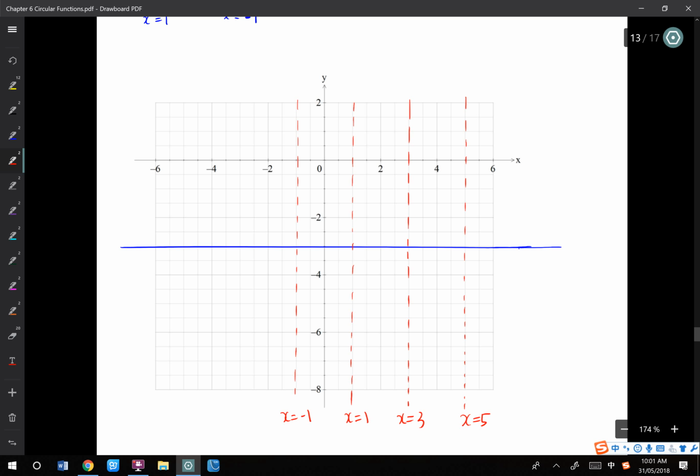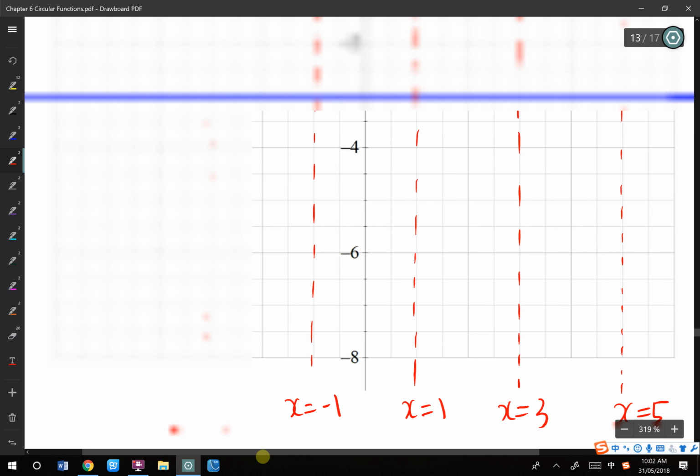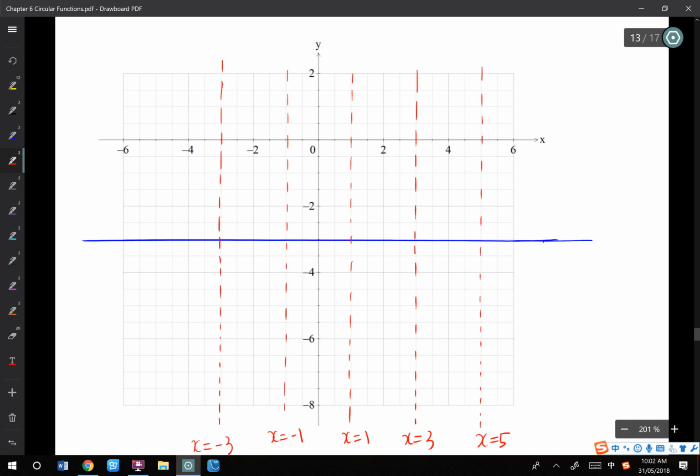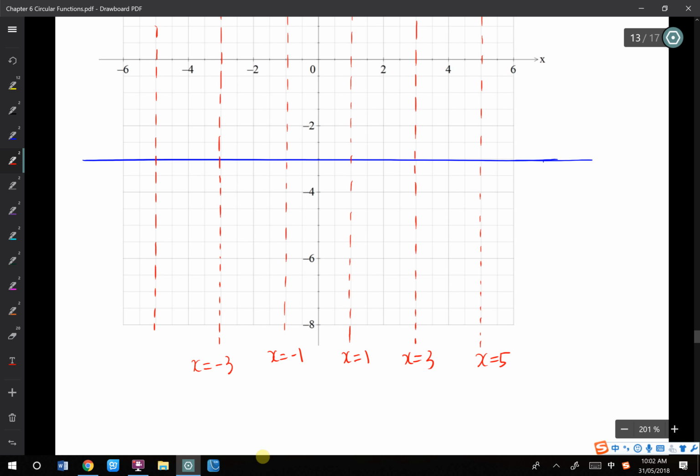And you have -3, and x equals -5. So that's how I can find all the asymptotes within the domain. I just need to find the first 2, and then all the rest can be measured from the same distance and labeled.